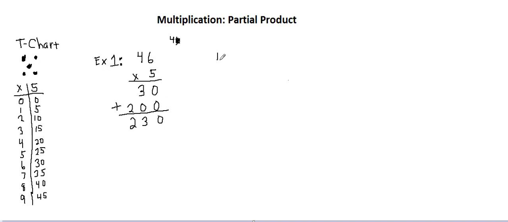And now for another example, and this one's going to be a 2-digit times 2-digit example. We're going to stick with 46 so we can kind of see that process again, times 35. Okay, we're going to make a quick t-chart. We already have a t-chart for our 5, so now we're going to make a t-chart for our 3.